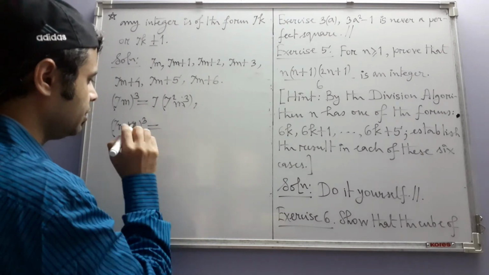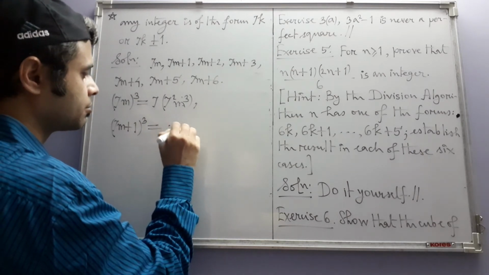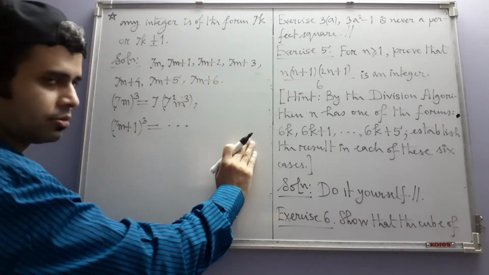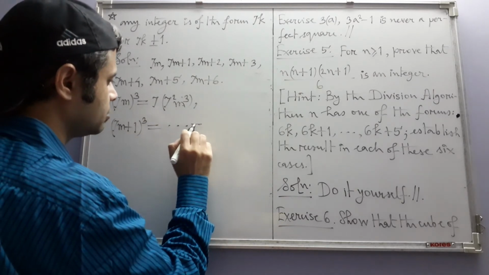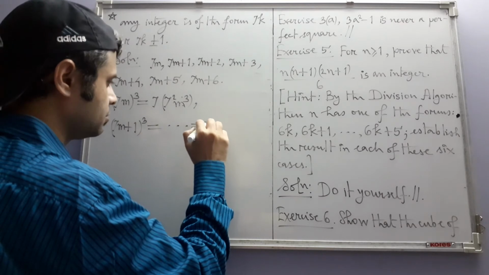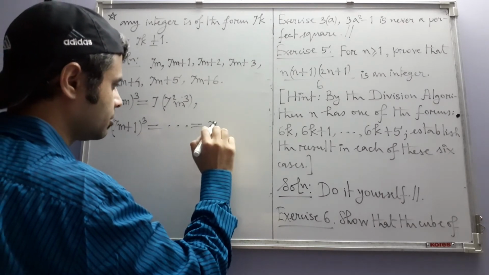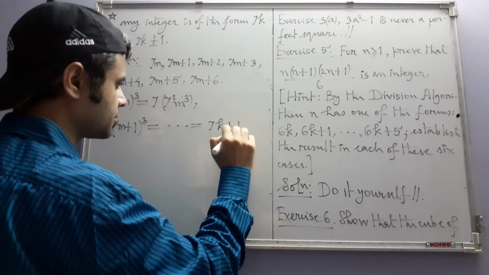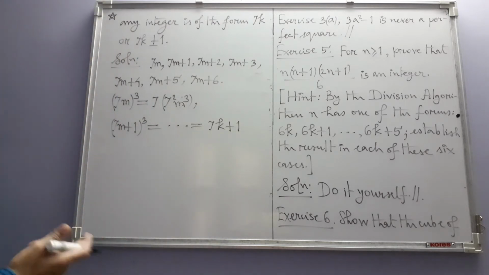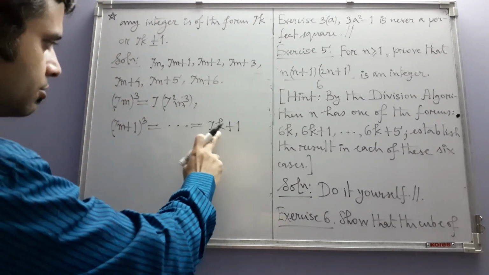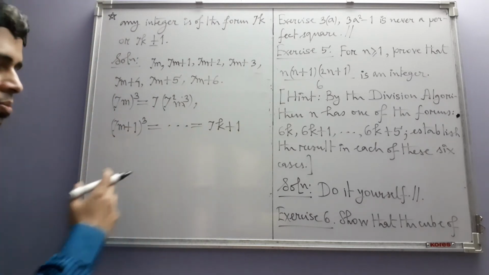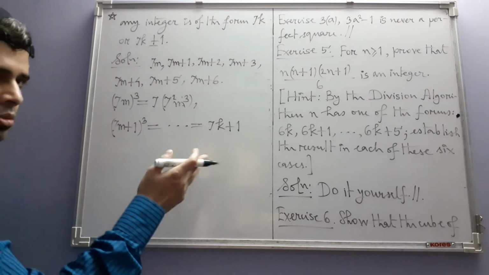Actually, I will leave this part to you. You are supposed to expand this and then make sure that ultimately you have an expression like this where k is a suitable integer that involves powers of m along with powers of 7.